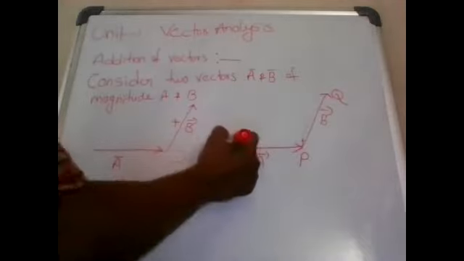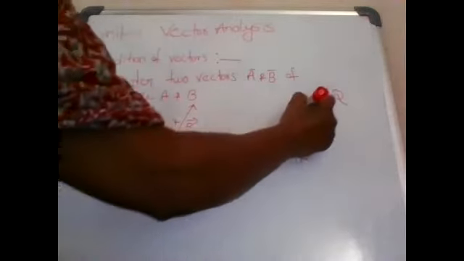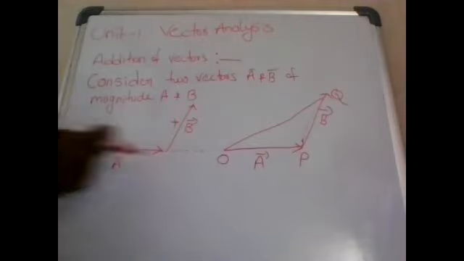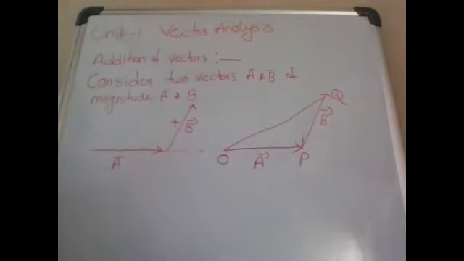So we join OQ. Here OQ represents the resultant of the two vectors.